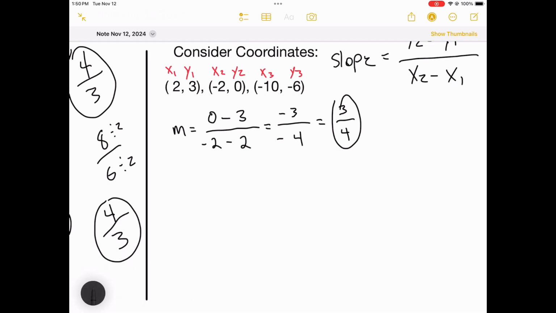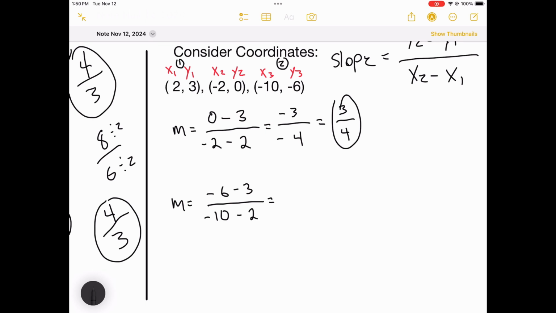Why don't I choose this one and that one to make it a little harder and see if we can do this. So I'm going to choose my x3s first and my y3s. So the slope is equal to -6 minus 3 over -10 minus 2. Let's see what we come up with.